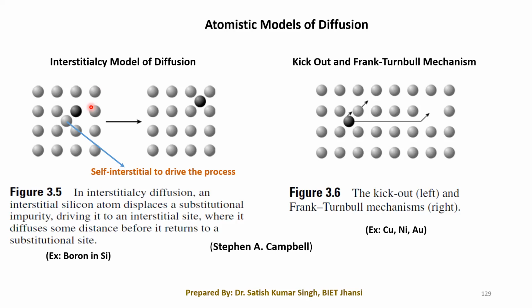Okay, so it will only incorporate extra electrons or holes once it is occupying the substitutional site. So you remember that. This way it is going to diffuse through the material.